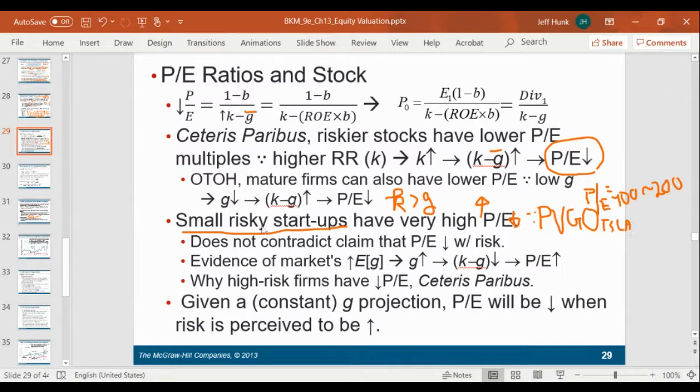Now, the evidence of markets increasing expected growth rate. If the market expects a high growth rate, the growth rate will really go up, and the gap between required return and growth rate will narrow, and that pushes up the price earnings ratio, right?